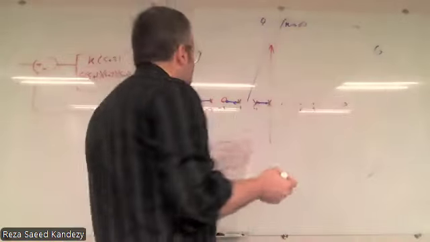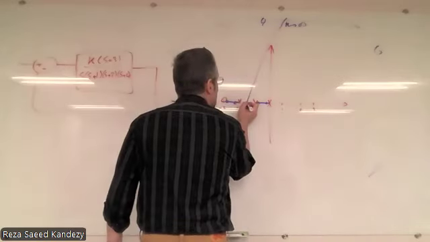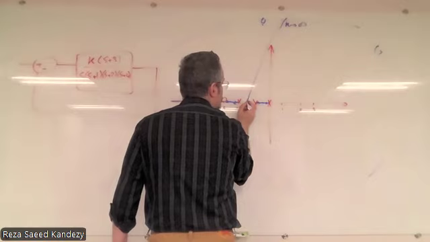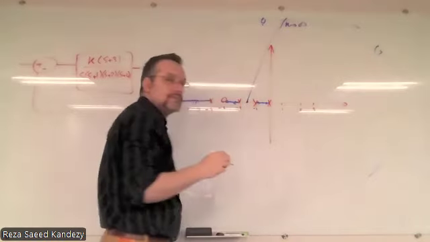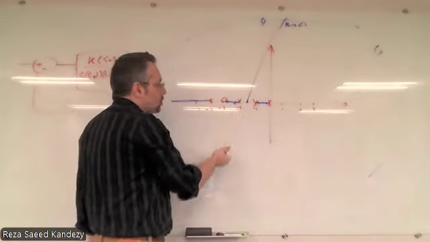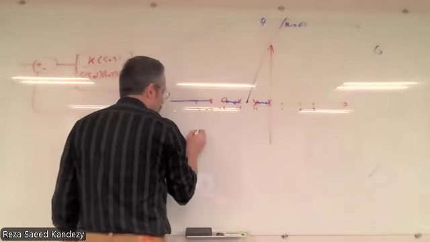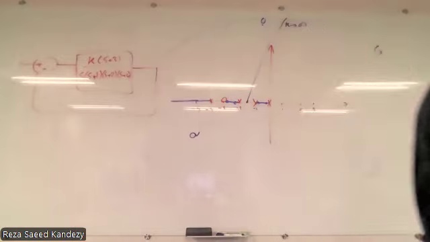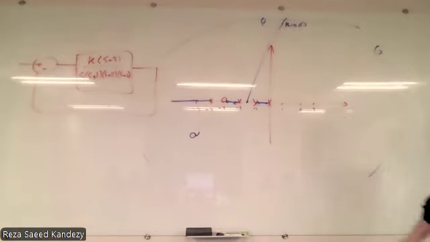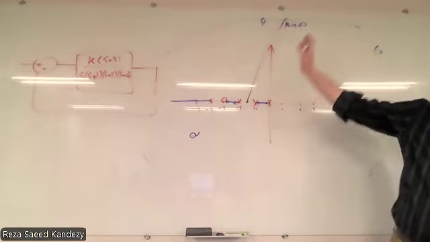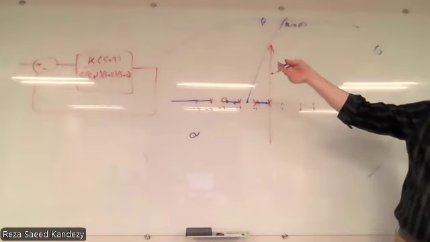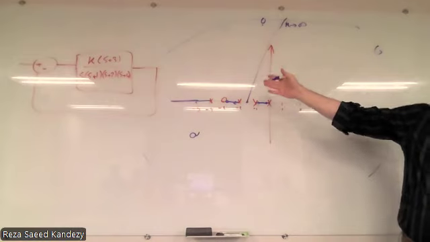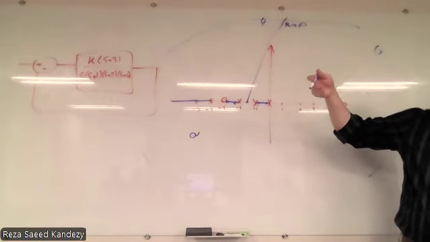Now, based on the definition that we have, this line would collide with the real axis at a point that, let's call it delta. And this is a line, so this is the slope. But we learned that besides the ratio, we can show the slope by the phase angle.